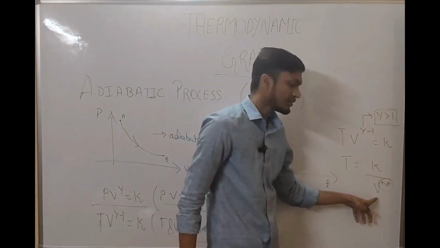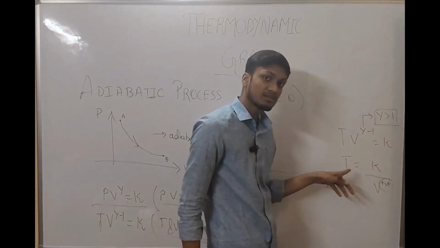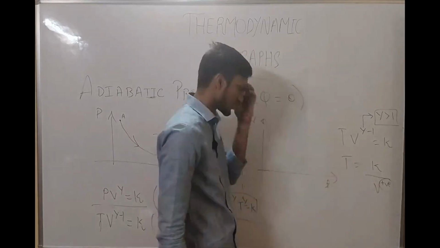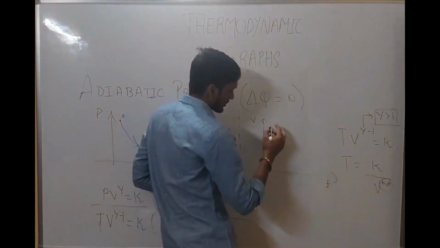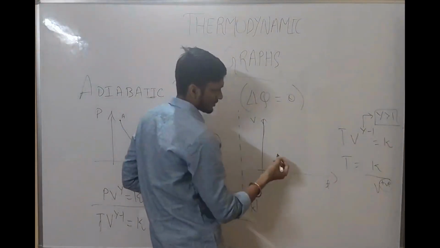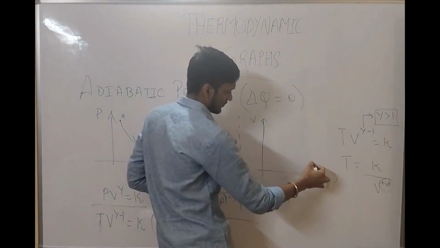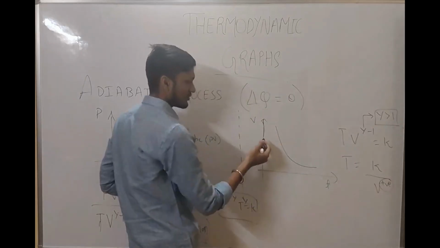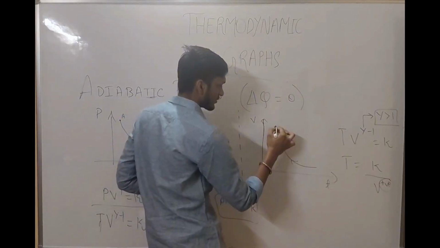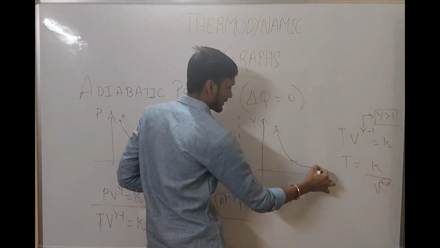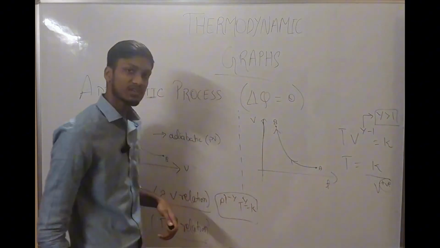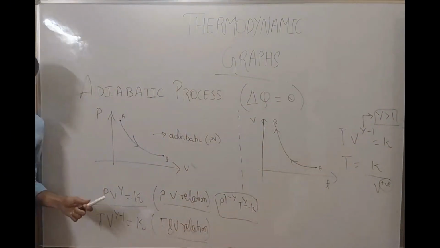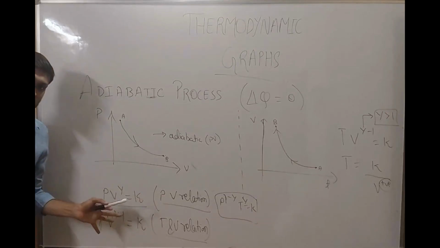As V increases, the temperature must decrease, as they are in inverse proportionality. So the graph would look something like this. As V increases, the temperature decreases.